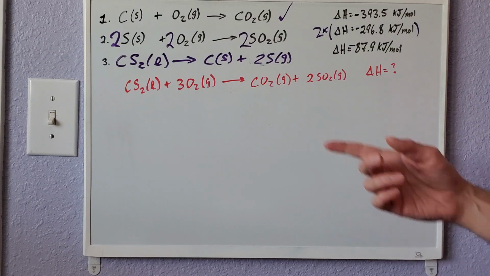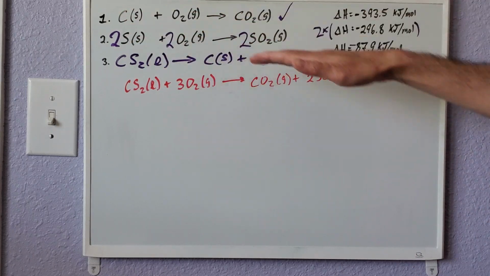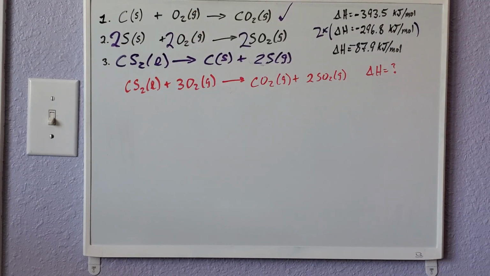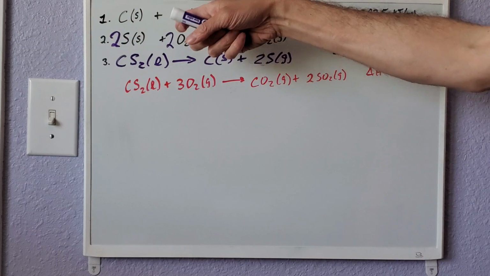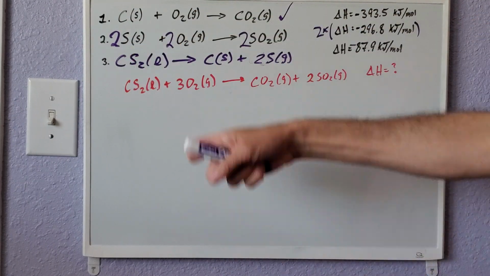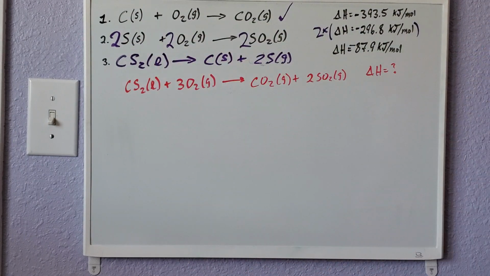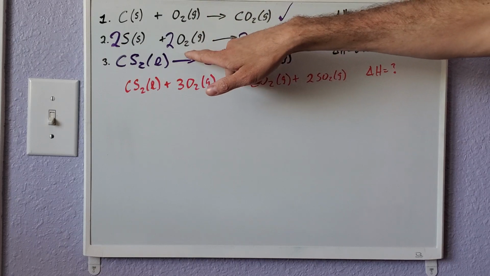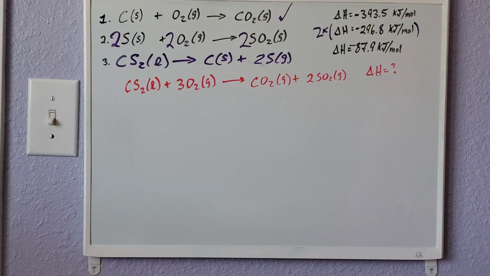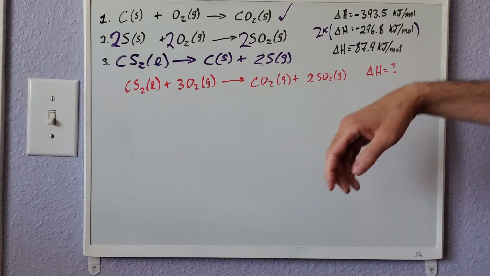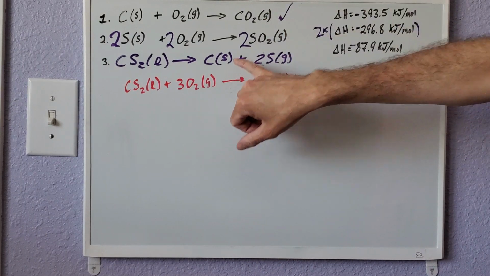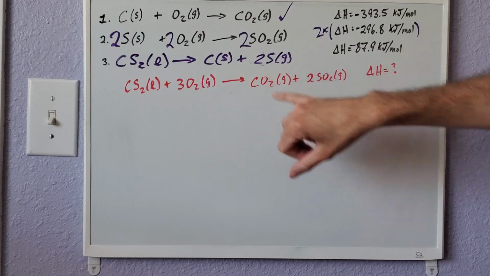Now if we go through and take all of our reactants and products and add all 3 of these equations, you would end up with 1 carbon, 1 oxygen, 2 sulfurs, 2 oxygens, and the CS2 on the reactant side. Here again, your 1 O2 and your 2 O2s will give you 3 O2s. Very similarly, on the product side, you'll have CO2 plus your 2 SO2s, plus carbon plus 2 sulfurs.